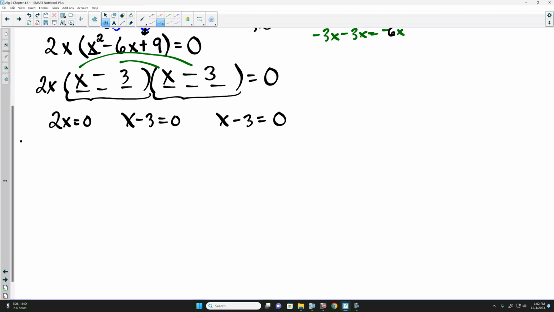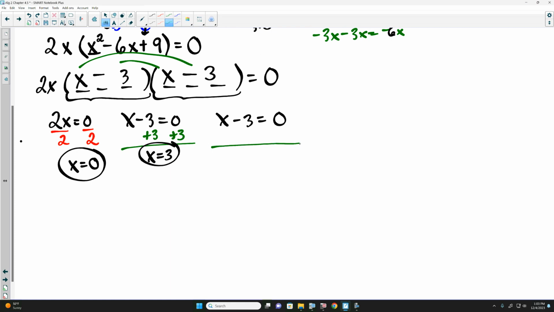Now at this point here, we just need to solve for the value of x. 2 times x equals 0. Well, we can divide both sides by 2, telling us x is 0. x minus 3. First thing we can do in solving for x is add 3 to both sides, telling us x is 3.